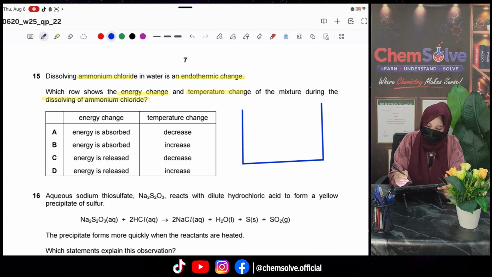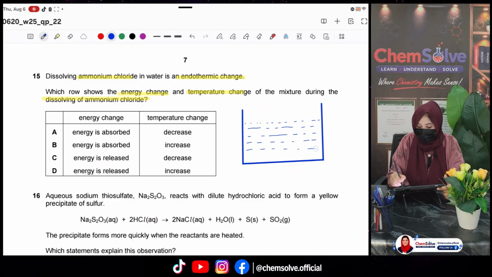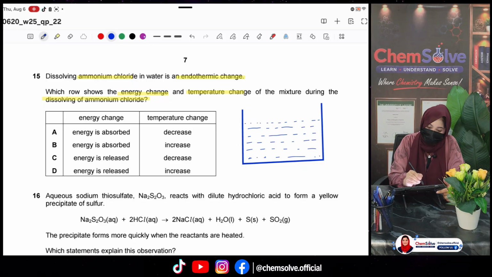So let me show water with the blue color like this. Okay, so let me show ammonium chloride with the pink color or even green color, so it is prominent to you.